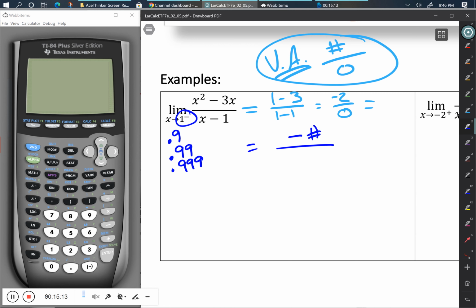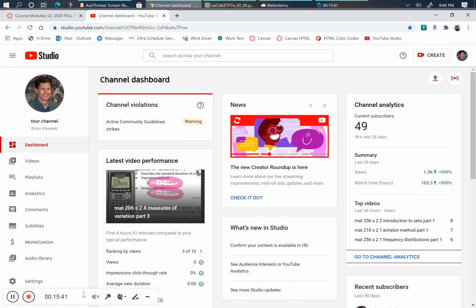These values are also going to make the denominator into a negative number, a really small negative number, but in that subtraction, a negative number. A negative divided by a negative is a positive, which means that from the left, this thing is going up, and so we are going to say that this has a limit of positive infinity. If you were unhappy with that, you could always use a graphical approach.